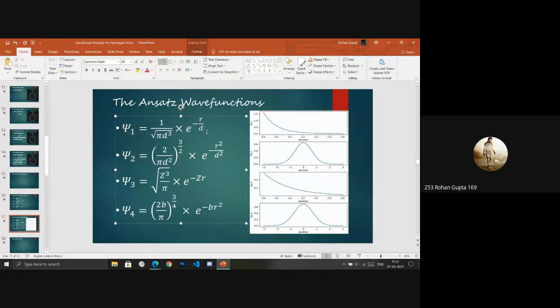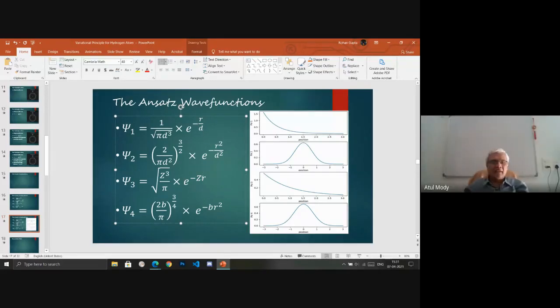Did you vary them? We took r and r square as two different functions, so this parameter was varied. But as you pointed out, these two functions are the same.